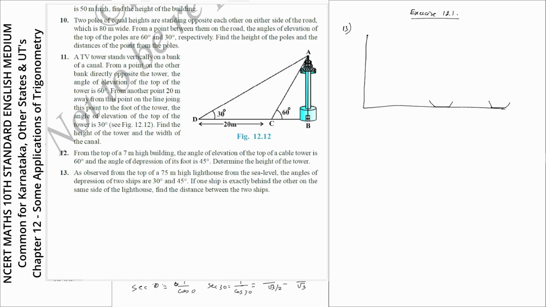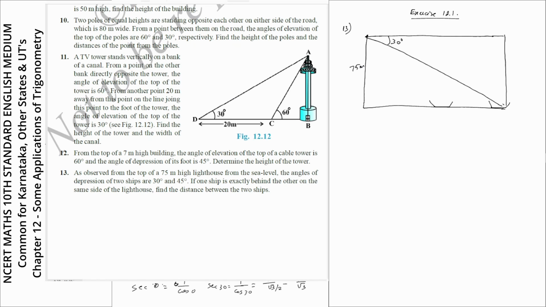For the angle of depression, that means from the top, if I see the first ship, it is visible at an angle of depression of 30 degree. That is this angle. I'll join this.